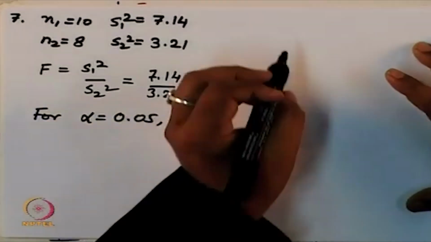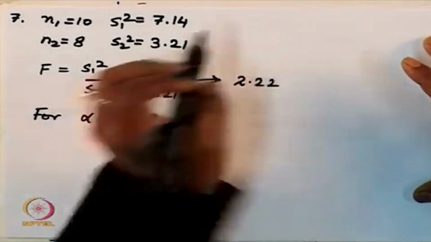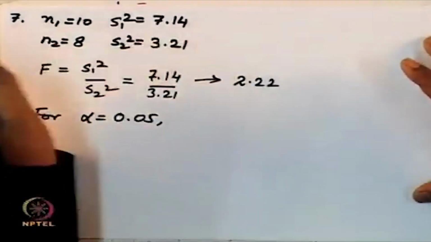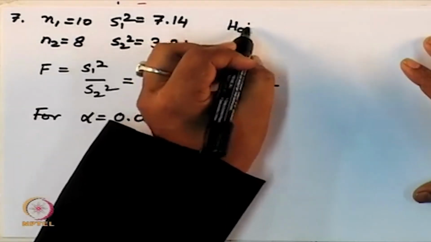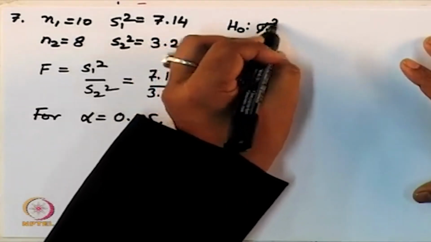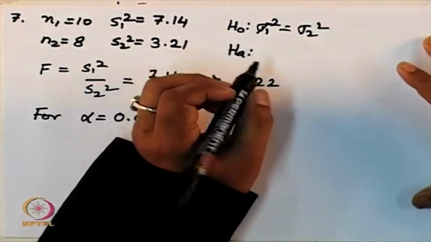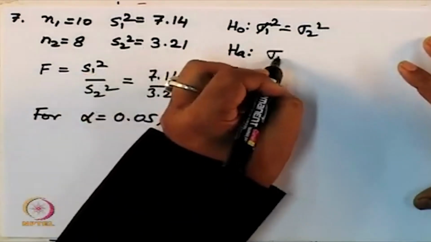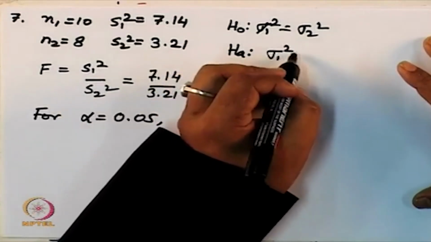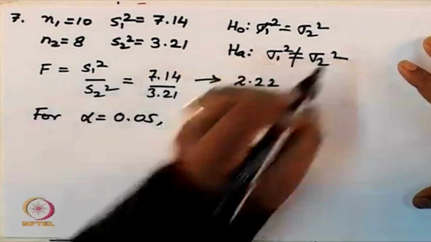Now, for significance level alpha equal to 0.05. Let us say my H naught is sigma 1 square equal to sigma 2 square and H a is sigma 1 square not equal to sigma 2 square.